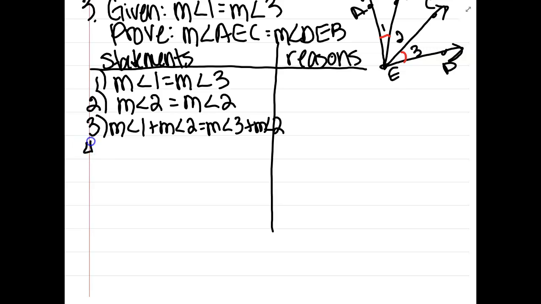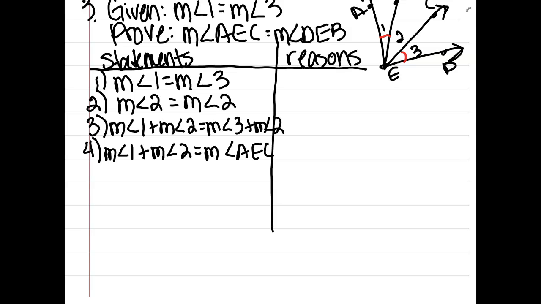Okay, the fourth statement is actually going to have 2 steps in one. Remember how we talked about if you have 2 statements that have the same reason, you can combine them in one. This is going to be an example of that. So these are going to have the same reason, okay? It's going to say the measure of angle 1 plus the measure of angle 2 equals the measure of angle AEC.